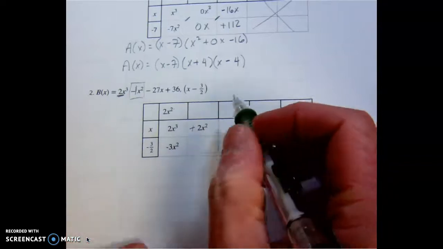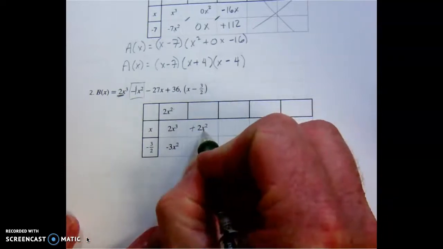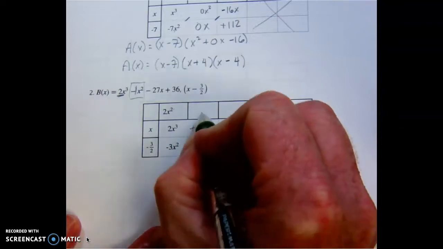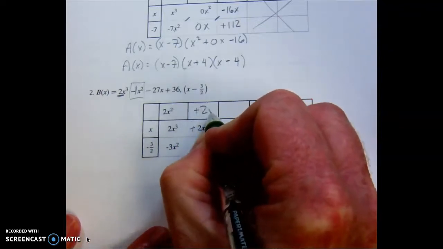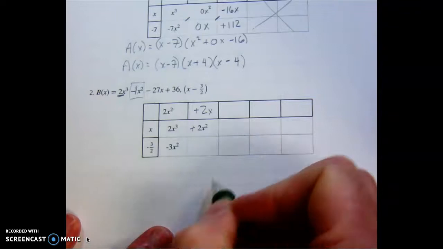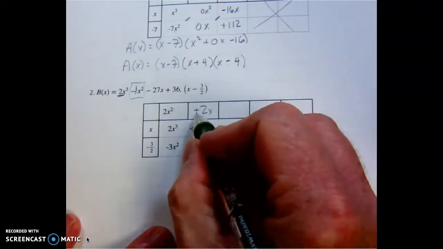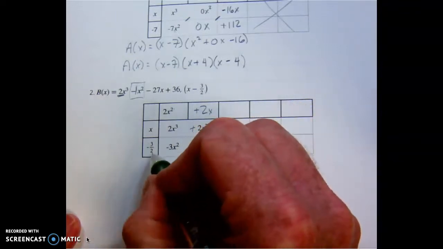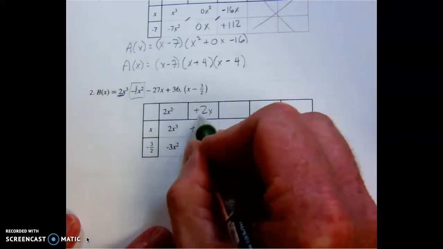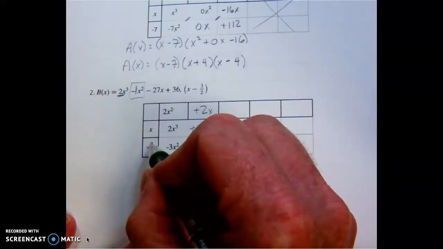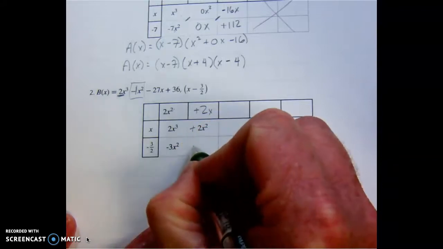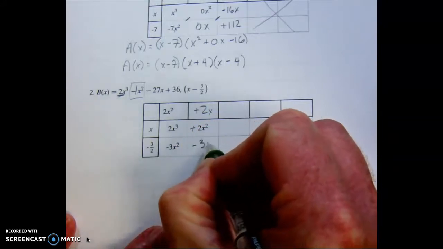So now I can undo again. I can take the x off of that term, and that tells me I got a plus 2x. Now I can multiply positive 2x times negative 3 halves. So that's 2 times negative 3 is negative 6, divided by 2 is negative 3x.